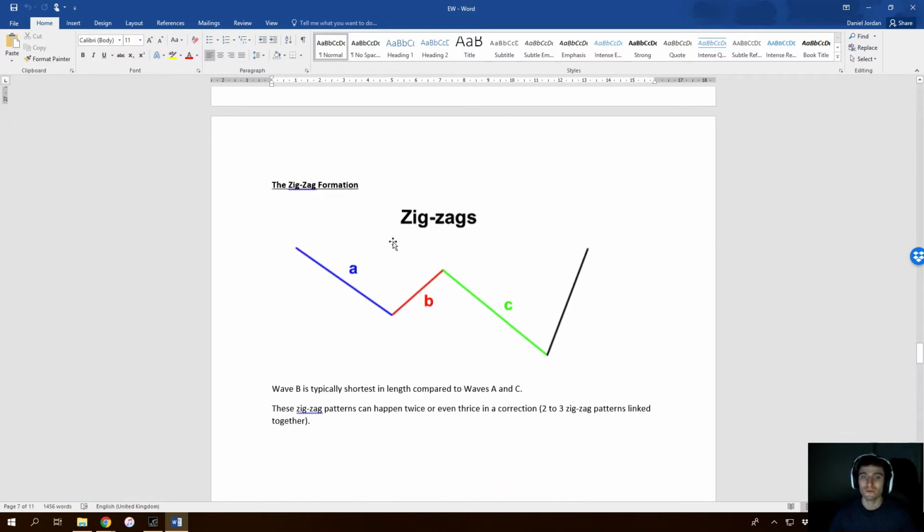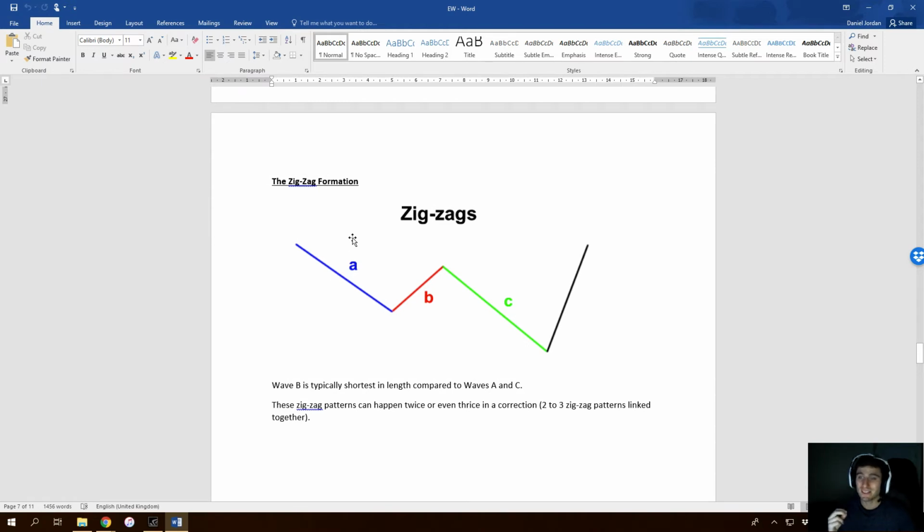That is formation number one. Formation number two, the zigzag formation. The zigzag formation is where you're getting a big counter trend of wave A. So say we've had our 5 impulse waves up here. We are then getting a very big down A correctional wave, then a small wave B up, and then another big wave C downwards.